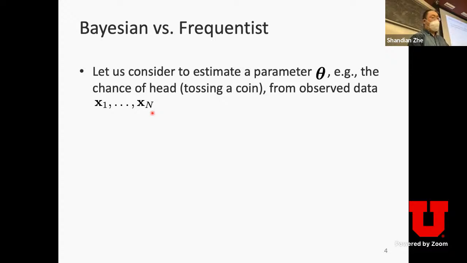I throw the coin, I want to see head up or tail up. We know that there is a parameter theta that tells me the chance of a head up, but I don't know the actual value. We know the experiment outcome is controlled by this parameter. So I want to estimate this parameter theta, which is the head probability. How can we do that?